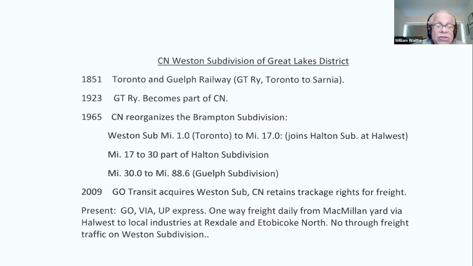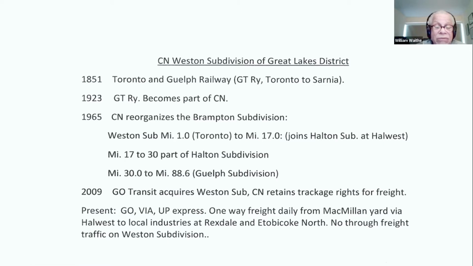And in 1923, I believe because of financial reasons, the Grand Trunk Railway was taken over by CN. And the Weston sub has its origins in 1965, when what was previously called the Brampton Subdivision was divided into a 17-mile stretch from downtown Toronto to the Halton sub as the Weston sub.